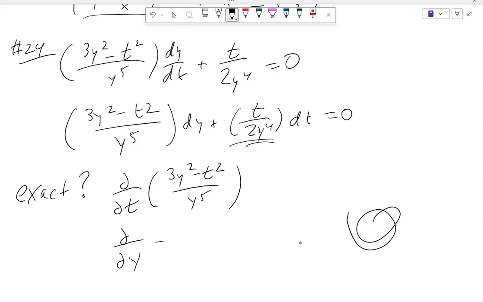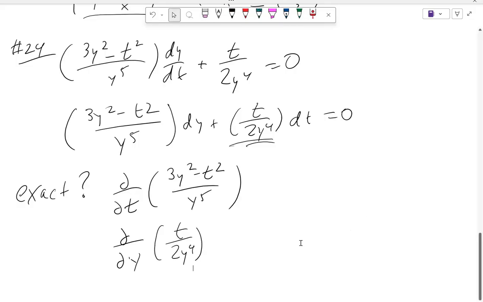All right. Derivative with respect to t for the first part.